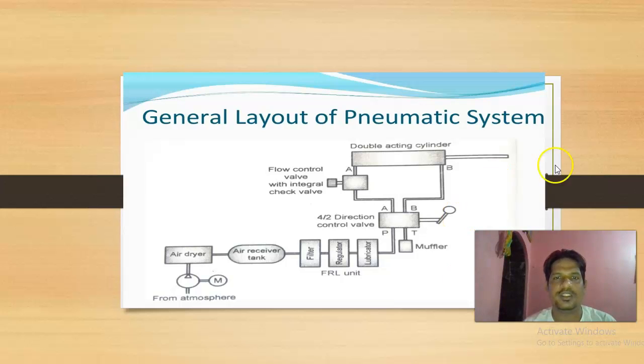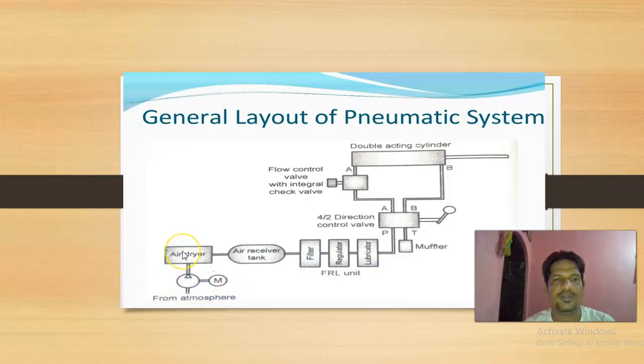So we will see the general layout, which basically starts from the compressor and the fluid, which is air. And we are aware that air is easily available, free of cost. So compressed air, which is compressed in the compressor, is contaminated air.